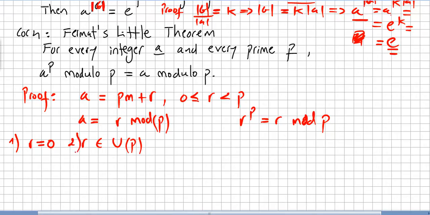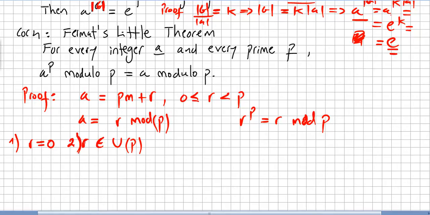Sorry, this is case 2. So, if r equals 0, this is trivial, right? 0 to the power of p will be 0, and 0 modulo p will be 0, so the result is trivial. Okay, so I jumped here.